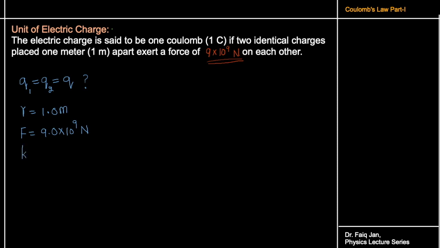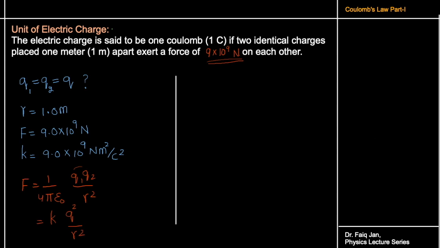We know that electrostatic constant is equal to 9 into 10 raised to power 9 Newton meter square per Coulomb square. Now from Coulomb's law of electrostatics, F is equal to 1 by 4 pi epsilon naught Q1 Q2 by r squared, where 1 by 4 pi epsilon naught is equal to K. Charges are identical, so Q1 Q2 product will be Q squared divided by r squared.